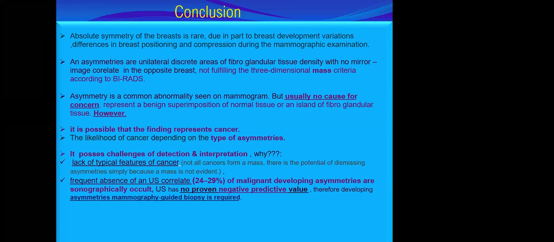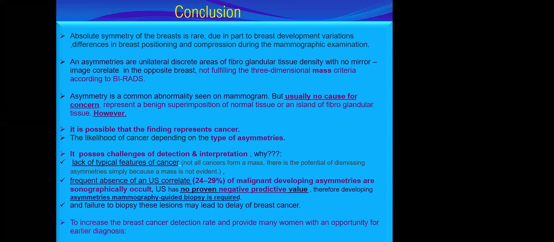So ultrasound has no proven negative predictive value. If ultrasound is negative and the patient has a developing asymmetry, we have to proceed to mammographic guided biopsy. Failure to biopsy these lesions may also lead to delay of breast cancer diagnosis, to increase the breast cancer detection rate and provide many women with an opportunity for earlier cancer detection.